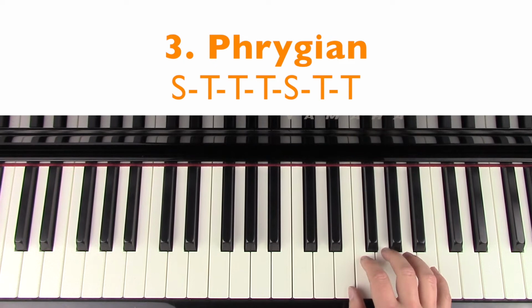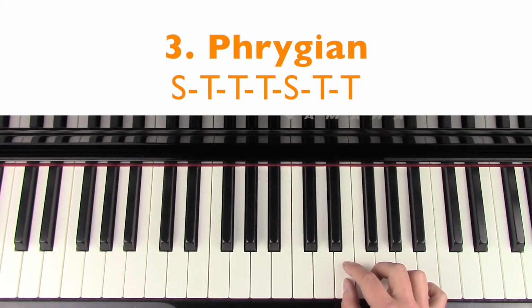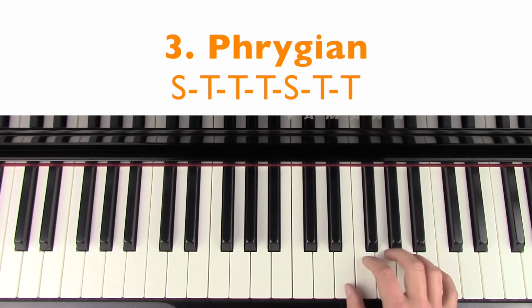Now if we move up 1, we have Phrygian mode. So this is E Phrygian, because Phrygian means 3, and E is the third note of the scale of C major. So again, just using all the white notes, all the notes of the scale of C major.